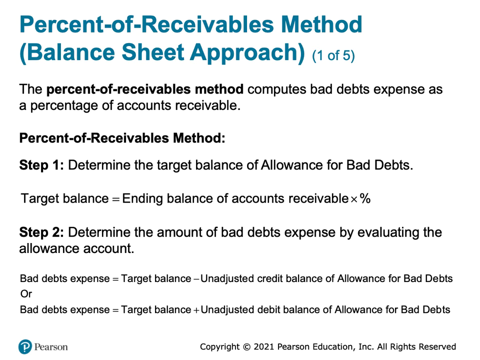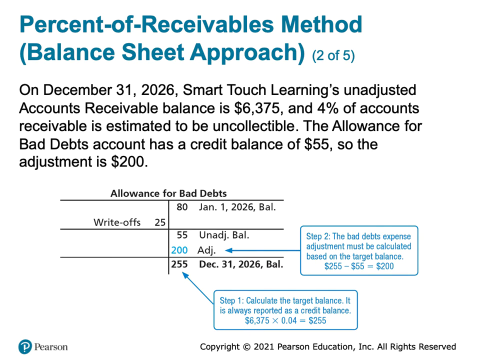I think it'll be easier if we see it in a T account. The problem tells us that we have an unadjusted accounts receivable balance of $6,375, and 4% of the accounts receivable is estimated to be uncollected. Currently, the allowance for bad debts account has a credit balance of $55.